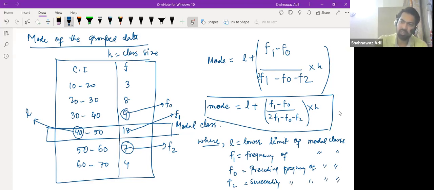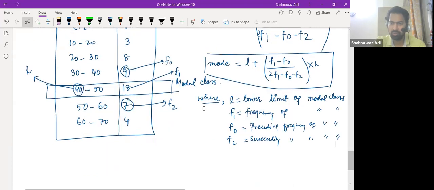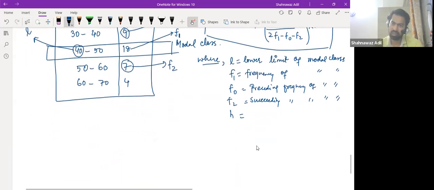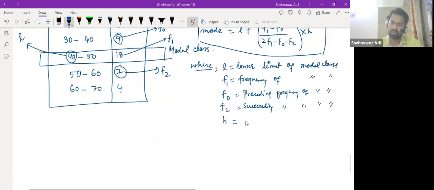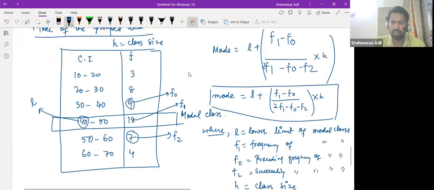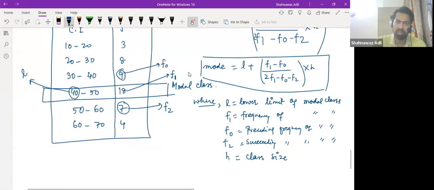And then you have this last thing, which is H, which is the class size, right? So these are the things, and from this we can calculate the mode, right?